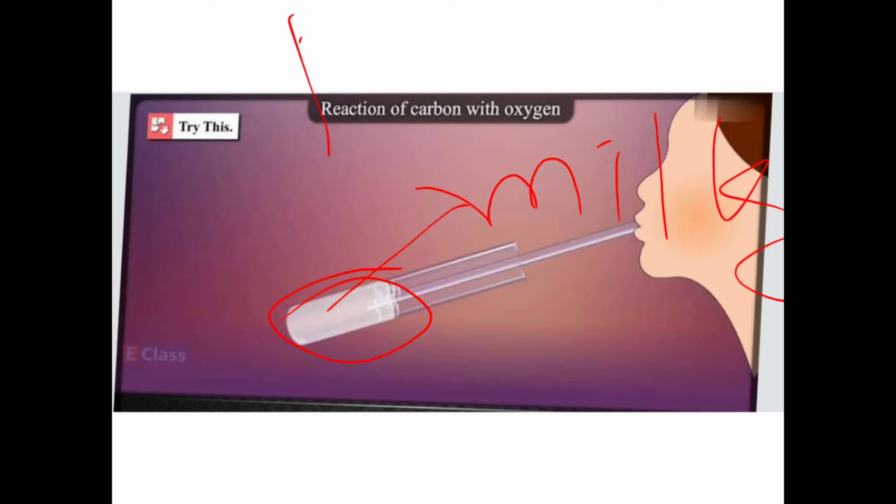Okay. Now to know about carbon dioxide gas, let us understand in detail about carbon dioxide today.